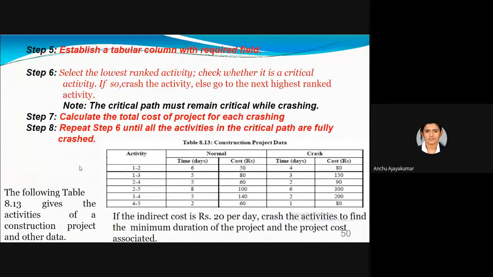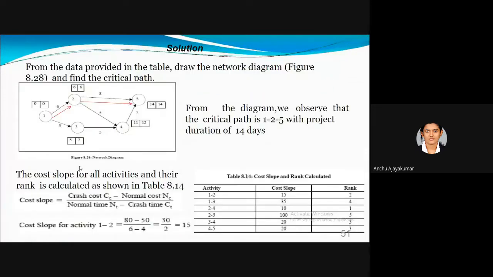We are given the activities and normal time. From the activities and normal time, we have to draw the network and find the critical path. After finding the critical path, we have to find the cost slope. We have already mentioned the equation: crash cost minus normal cost divided by normal time minus crash time.